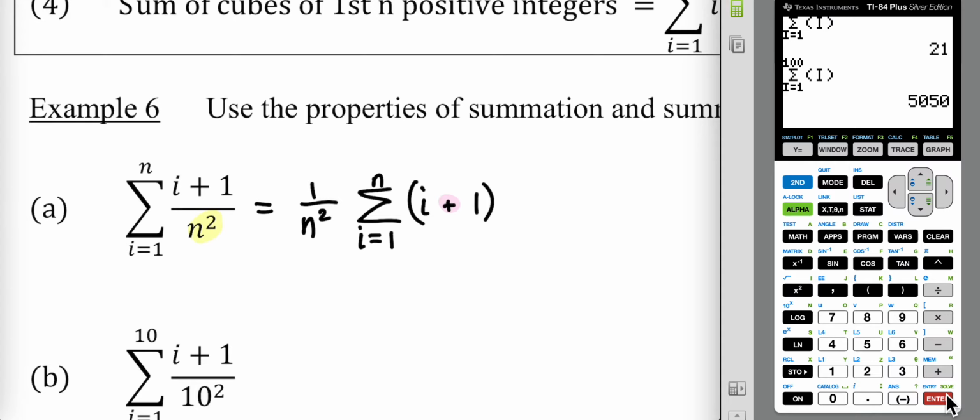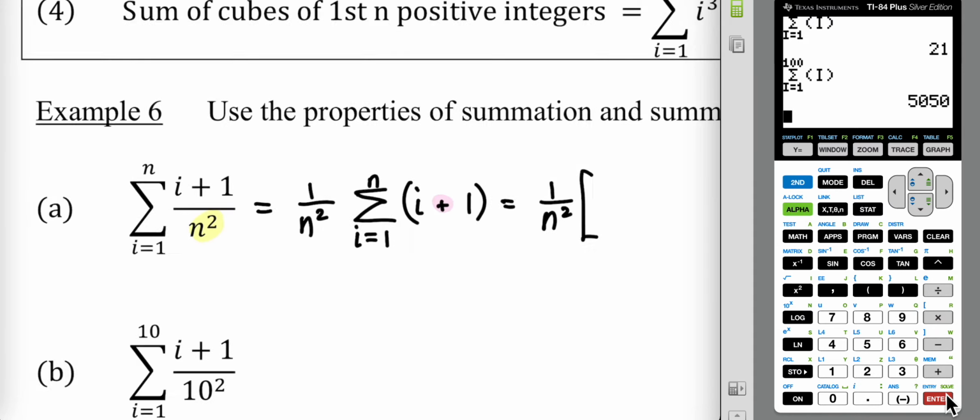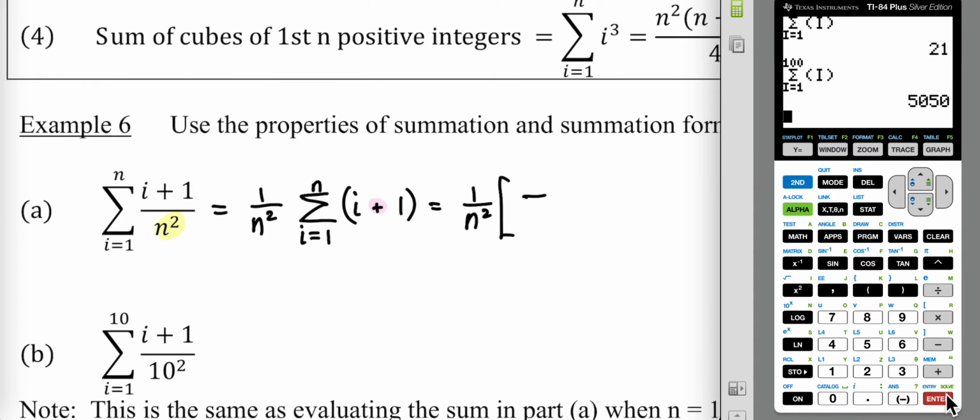So I could be looking at this as 1 over n squared times, I'll put a big old square bracket there, the sum from i equals 1 to n of i plus the sum from i equals 1 to n of 1.